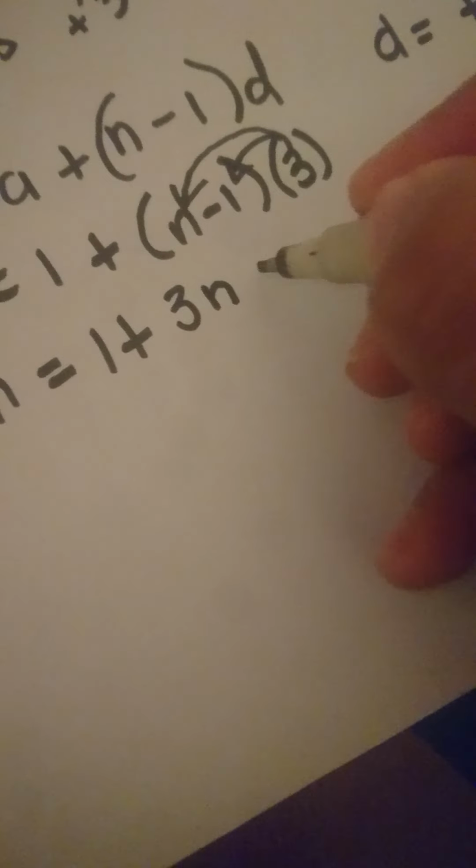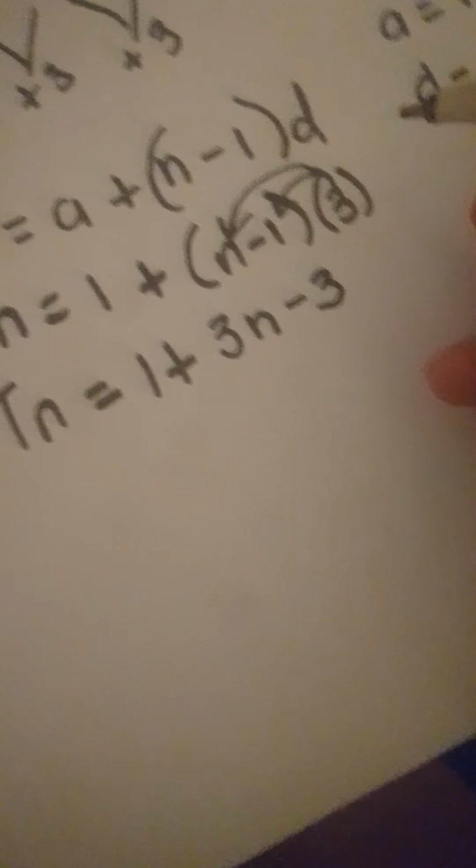We put it in brackets because we are multiplying the 3 into the brackets. So we solve as normal. 1 plus, we multiply the 3 into these brackets. We use our distributive law: 3 times n and 3 times negative 1. So 3 times n is 3n, and 3 times negative 1 is minus 3.